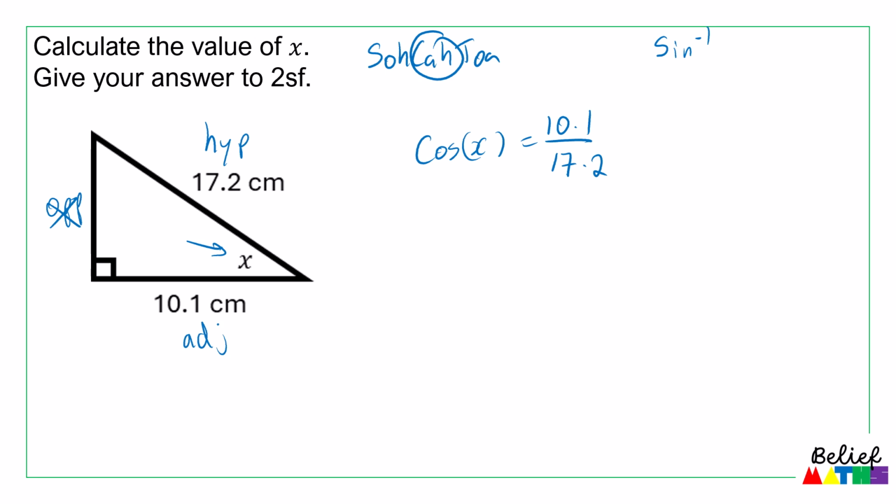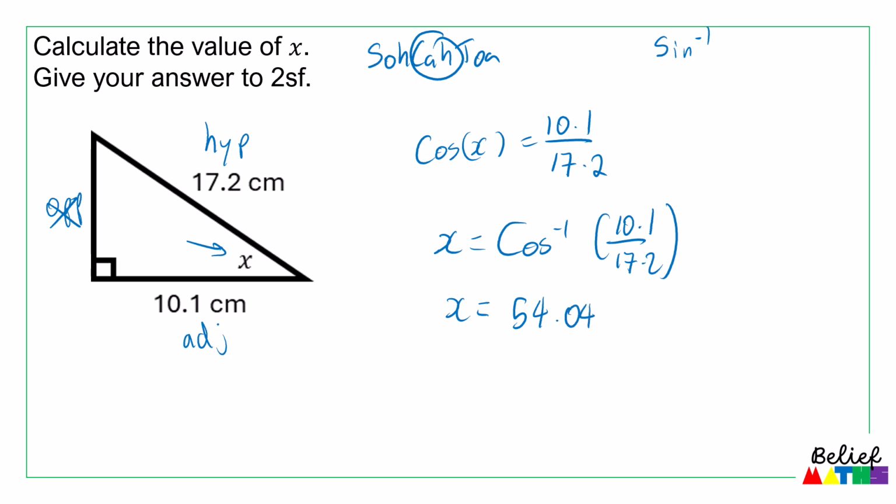So then to get x on its own, this is where our cos inverse comes in. We use cos inverse of 10.1 over 17.2. X equals, we put that into our calculator, and we get an answer of 54.04. And then to two significant figures, x equals 54 degrees.